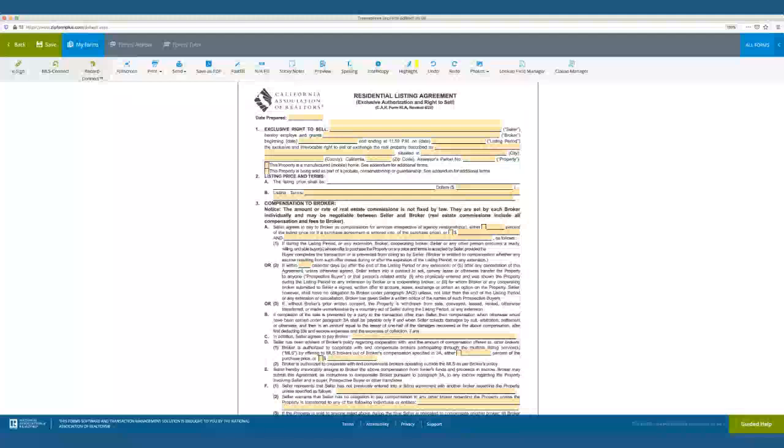So the second part of this is that within X calendar days after the end of the listing period has expired, if somebody you exposed that property to, it could be through another agent, ends up buying that property, then you are owed that compensation.